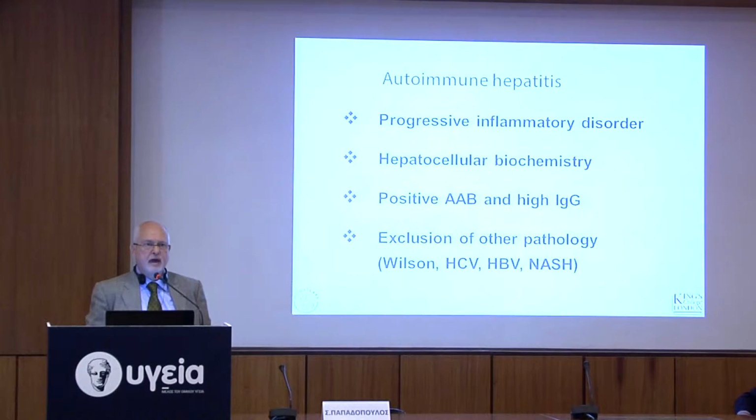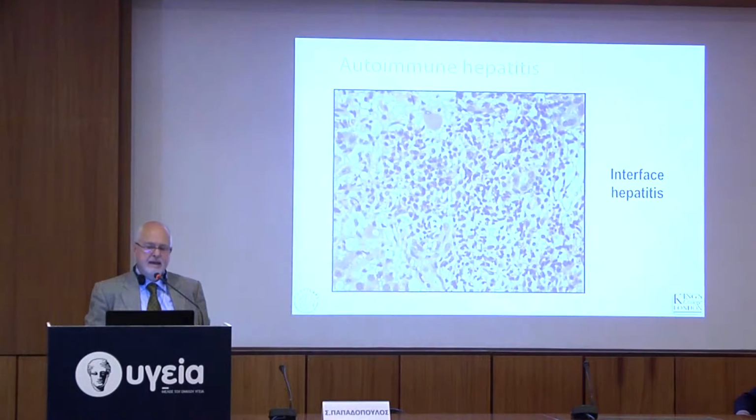Now we have a look at the autoantibodies that we find in the serum of patients with autoimmune hepatitis type 1. There are 2 types of autoimmune hepatitis. One step back. To make the diagnosis of autoimmune hepatitis, you need to have a biopsy. This is what you see in the biopsy.